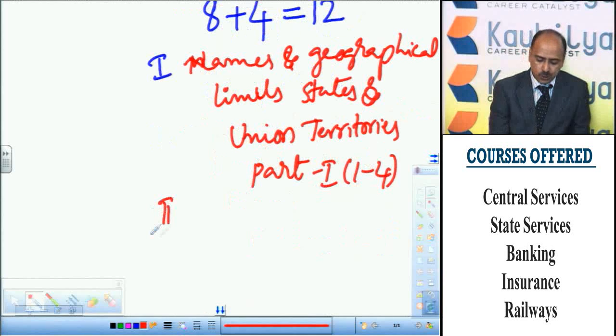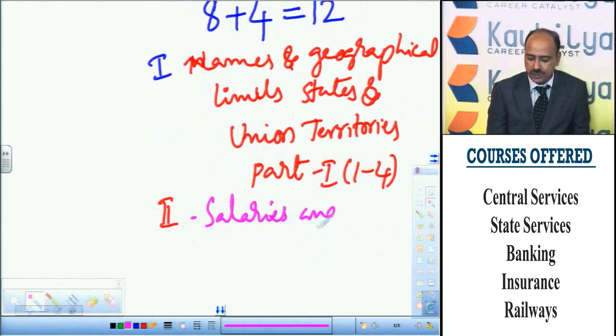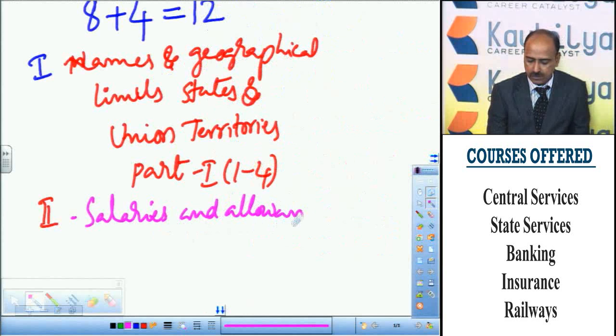Next, schedule 2: salaries and allowances for all constitutional and political posts.